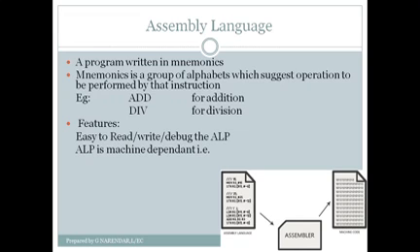So if we write an assembly language program for 8051, the program will be executed only by 8051 but not by others. That is called machine dependent, and our assembly language program is also machine dependent. That is, it is also not portable. That means we cannot give this program to another microcontroller.